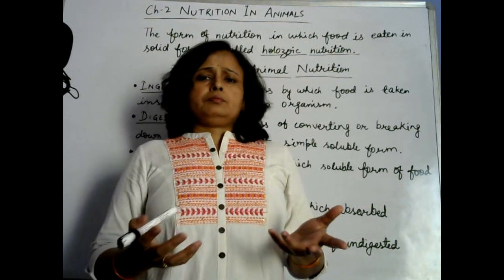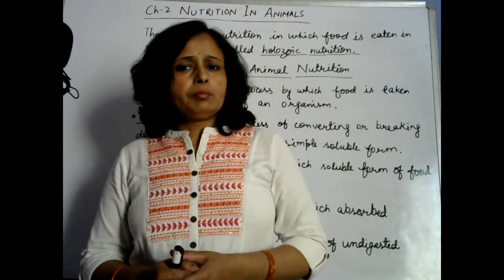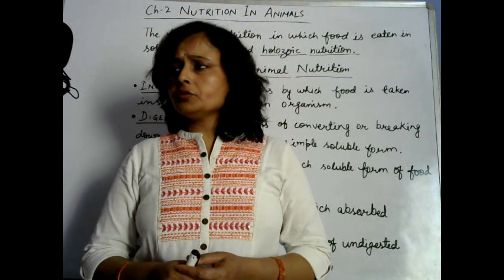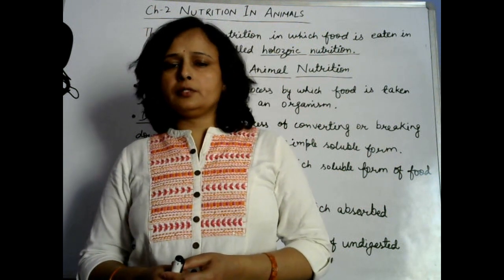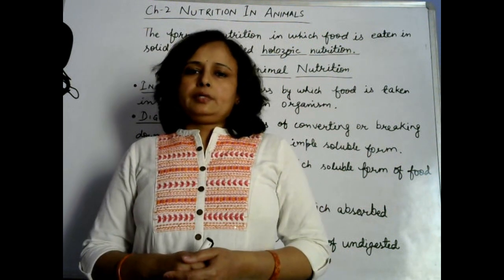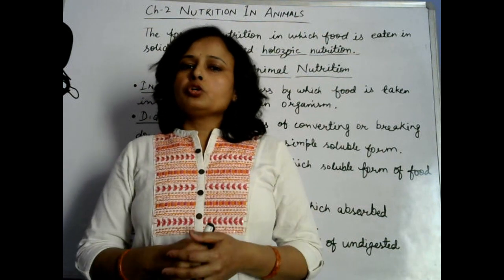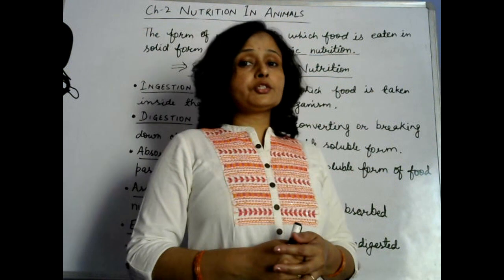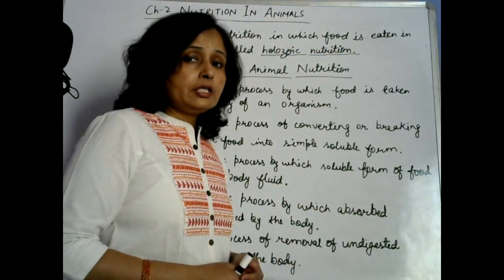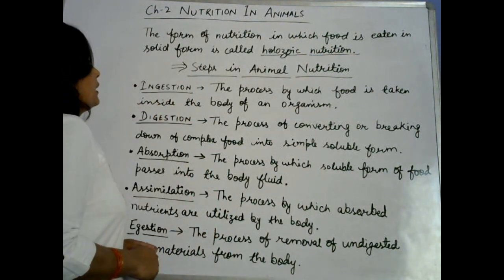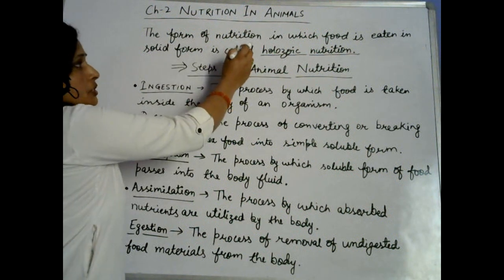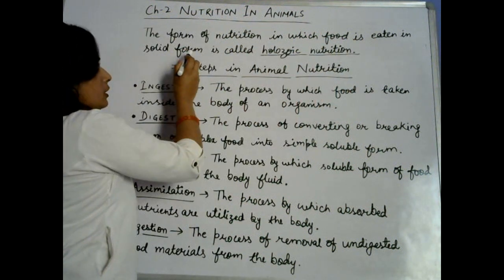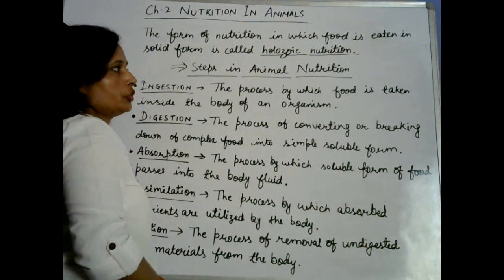So if we talk about nutrition in plants or animals, it is the process of intake of food and its utilization by the body. Let us see how the mode of nutrition takes place in animals. There is a term for animal nutrition. The form of nutrition in which food is eaten in solid form is called holozoic nutrition.